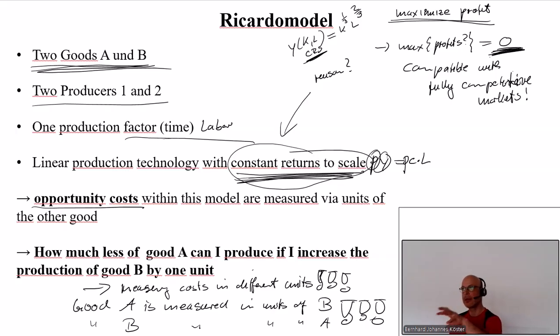Here you see the different units of measurement. We are measuring the production of good A in units of B, and the other way around, the production of good B in units of A.